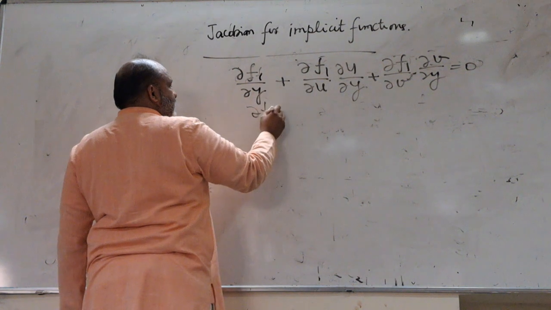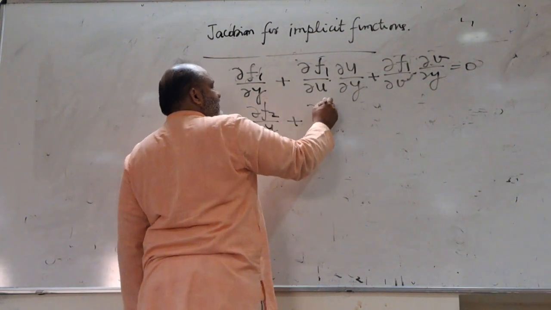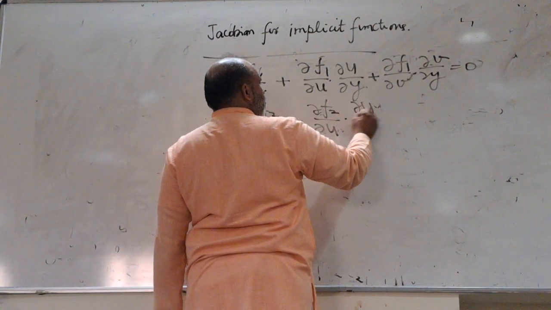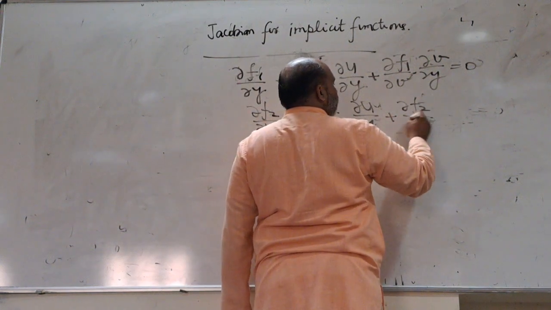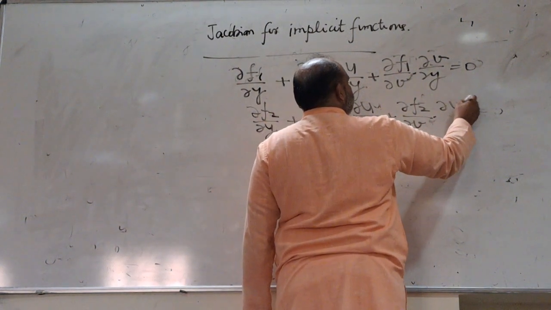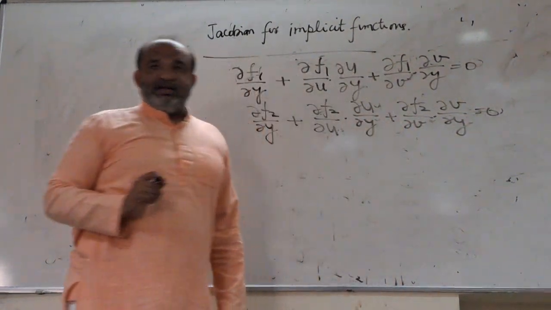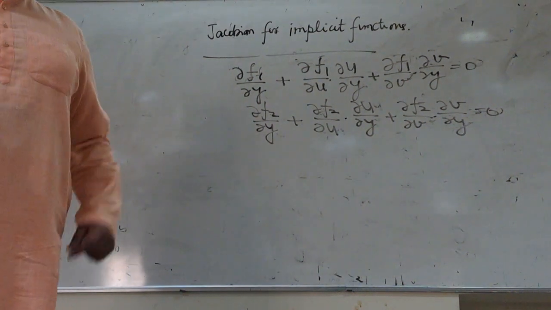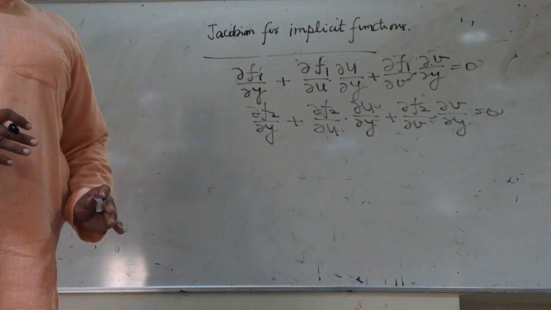Fourth is del f2 over del y plus del f2 over del u into del u over del y plus del f2 over del v into del v over del y. And as we did for the partial derivative with respect to x, I can find a similar type of expression with respect to y as well.